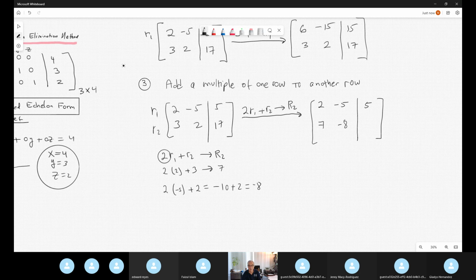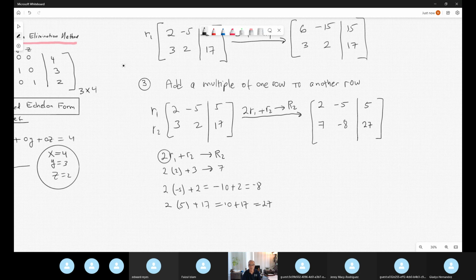Cool. And finally, 2 times 5 is 10, plus 17 is 27. The idea is the same. 2 times 5, this 5 is this 5, plus 17 is 10 plus 17 is 27.